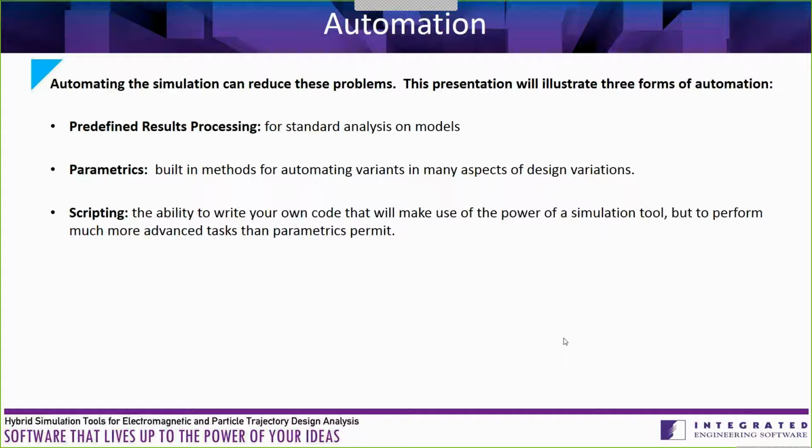Our long-standing method of parametrics and our relatively newer method of scripting are two ways of automating in a much broader sense. And as I discuss those, I'll be coming back to the predefined, because that kind of is a basis for all kinds of things that you can be doing right now.